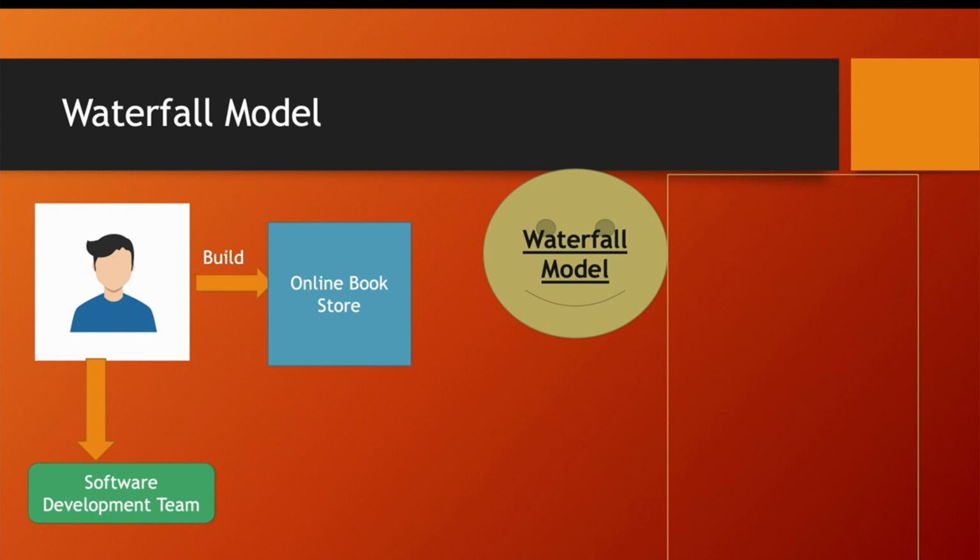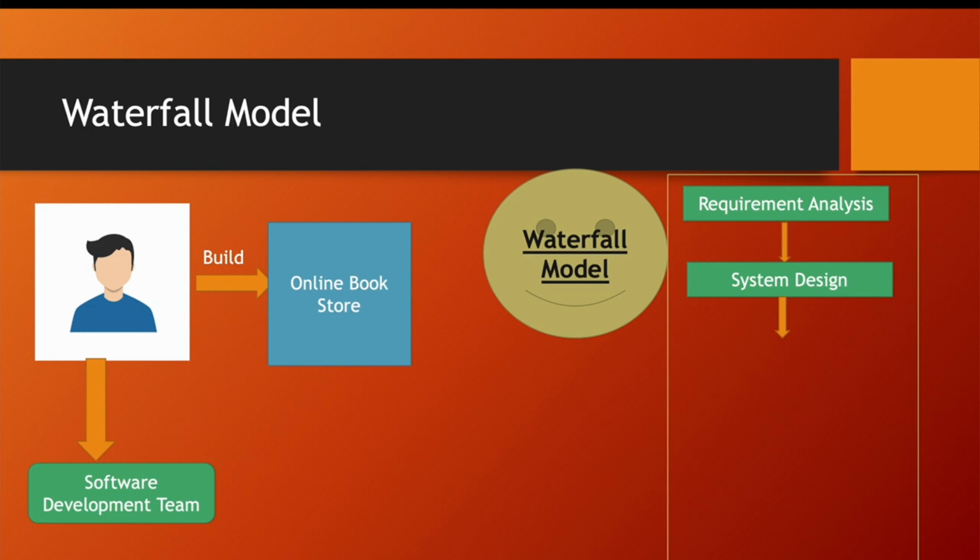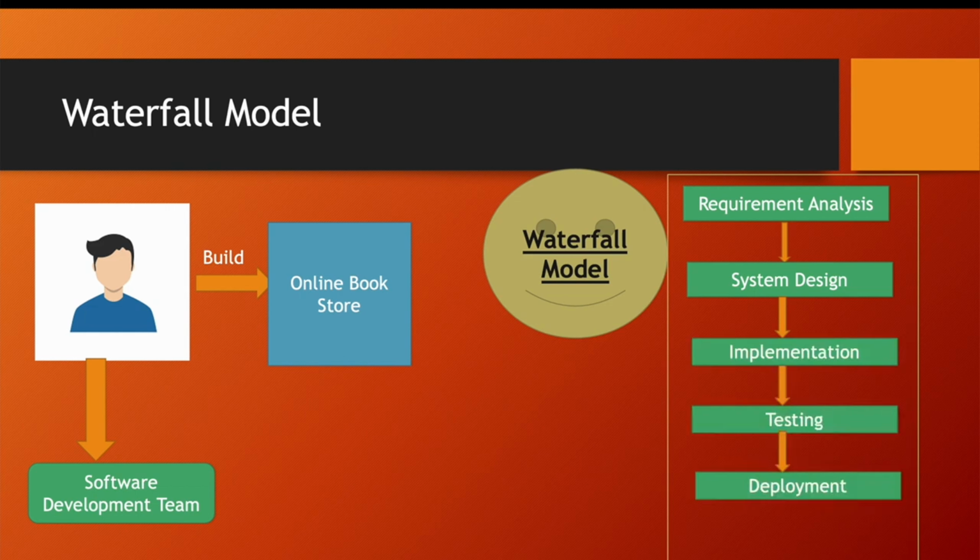Okay, previously organizations used to follow the waterfall model approach, where the output of one phase is the input to the next phase. Overall, in the waterfall model we have these many phases, and once the previous phase, like the system design phase, is completed, it will move ahead to the implementation phase.